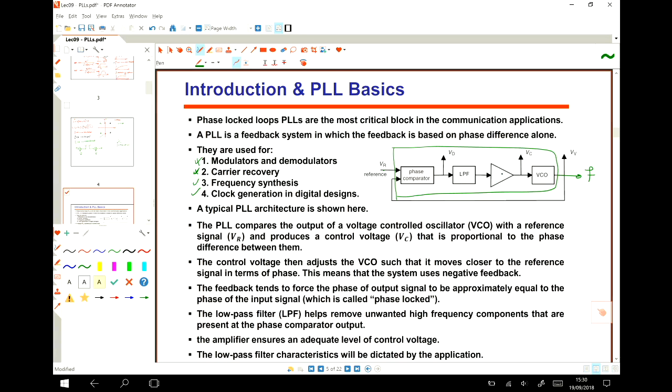Sometimes we need a gain to improve the gain of the loop, and also a signal generator or a VCO, I mean a voltage controlled signal generator. So this VCO actually is the voltage controlled oscillator that we saw in the previous lecture. By changing the voltage, the output frequency is changing. Okay? All right.